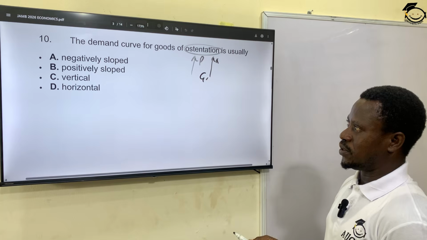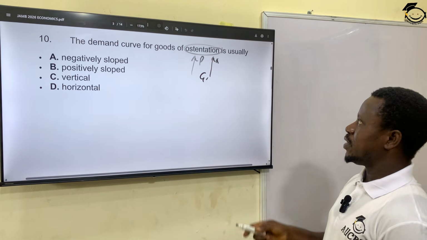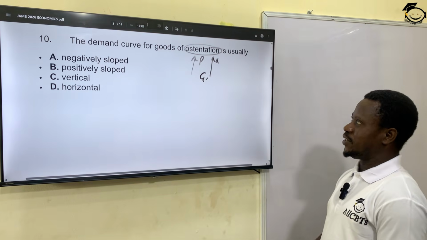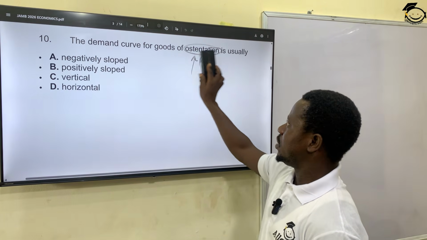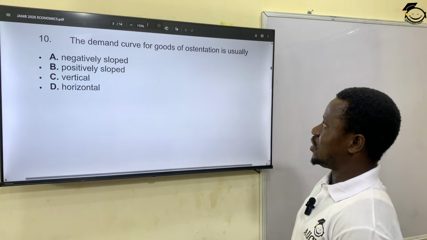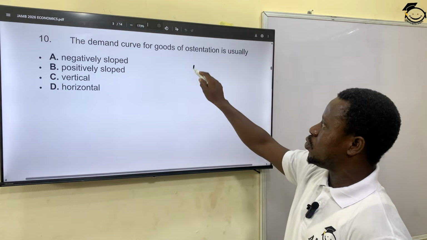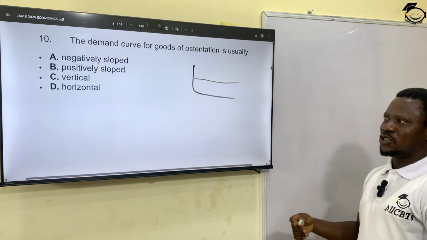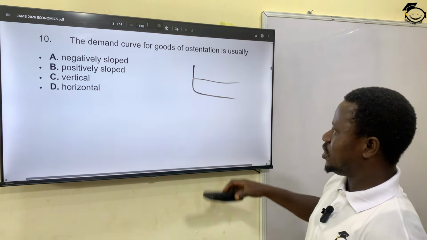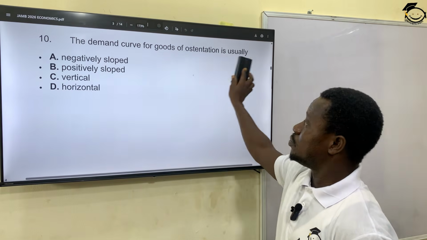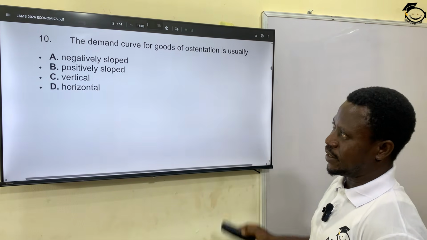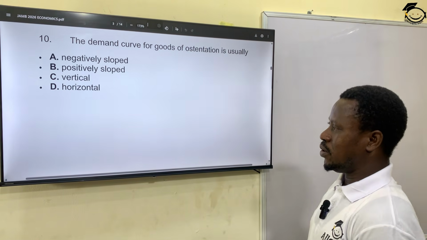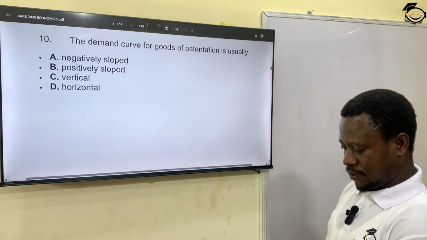They're ostentatious. People buy more of them at a higher price because they believe the higher the price, the more value it has. So when you look at the curve, the demand curve would be what? Horizontal. In other words, the price doesn't change the demand for it. In fact, the higher the price, the more they buy, unlike a normal demand curve that is sloping downward. So it's horizontal D.